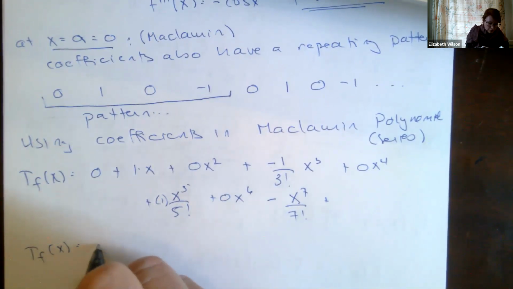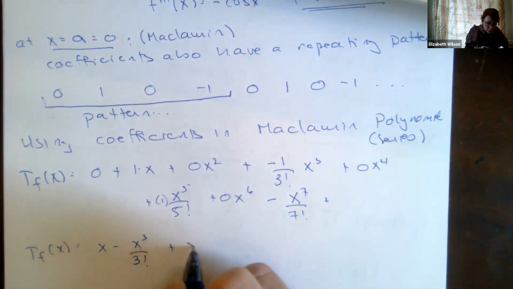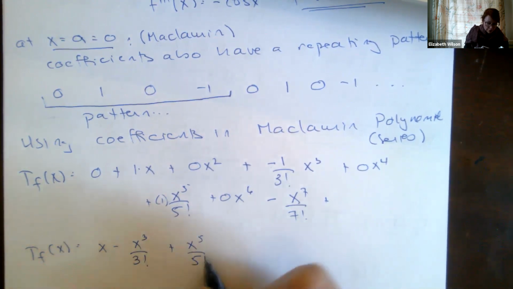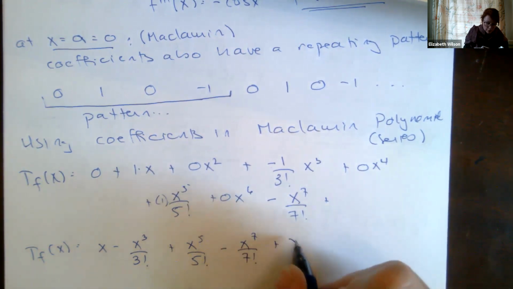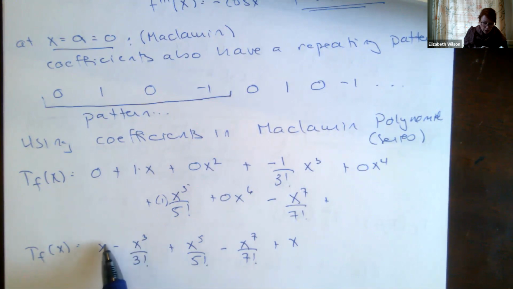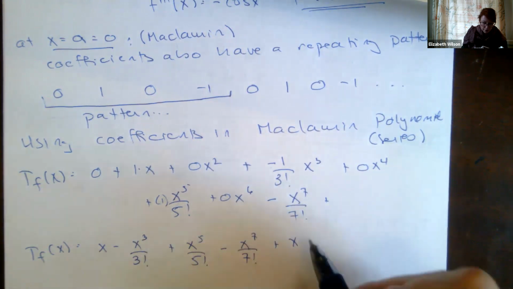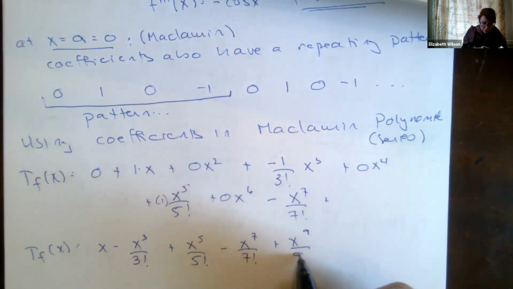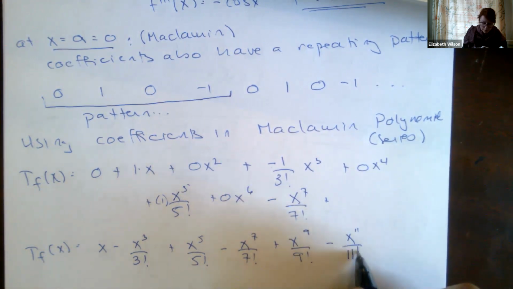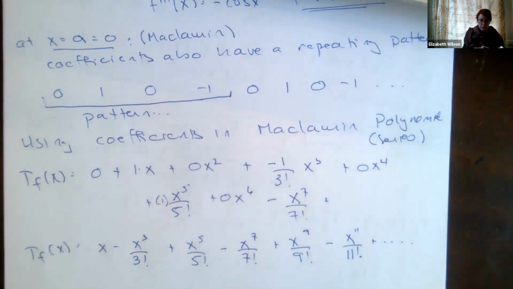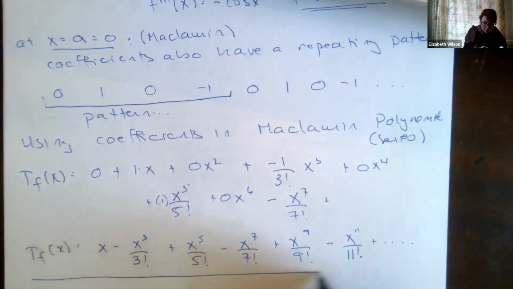It is equal to x minus x cubed over 3 factorial plus x to the 5th over 5 factorial minus x to the 7th over 7 factorial plus, you can imagine, the next one up. Look, these are all odd: 1, 3, 5, 7, and this is going to be 9, and so on and so forth. So this is our Maclaurin for the sine function.